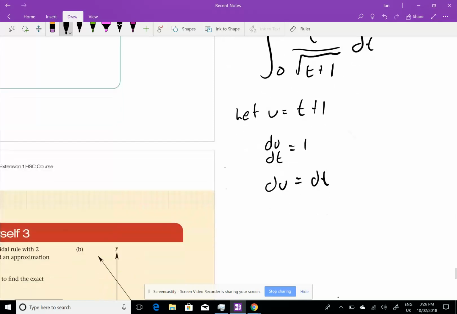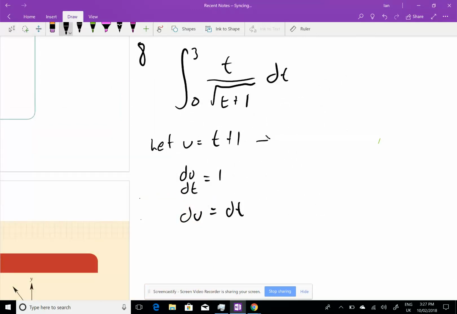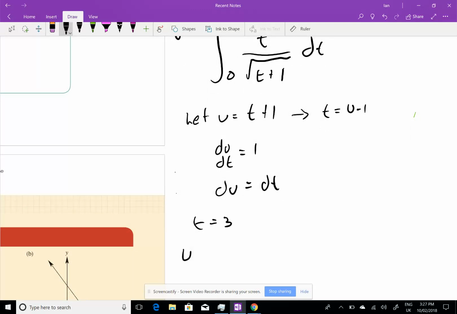That's nice and easy. I also know if I minus that 1, t will equal u minus 1, and when t equals 3, u equals 3 plus 1 is 4. When t equals 0, u equals 0 plus 1, which equals 1.